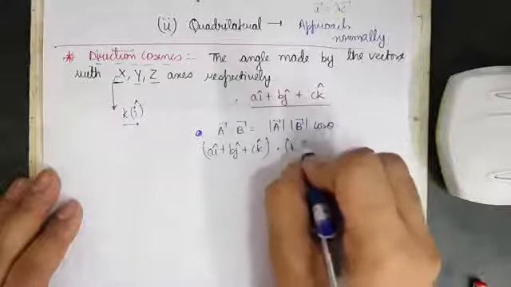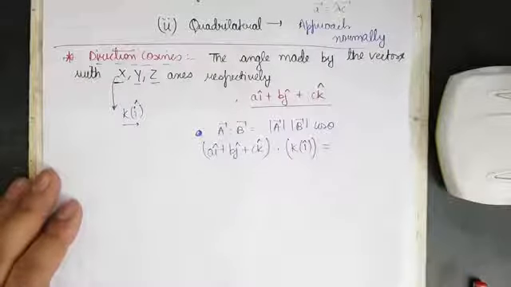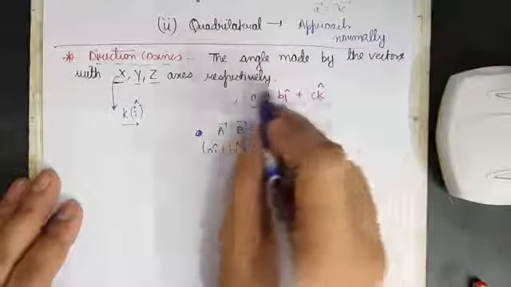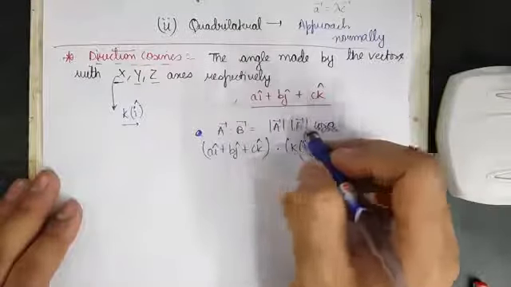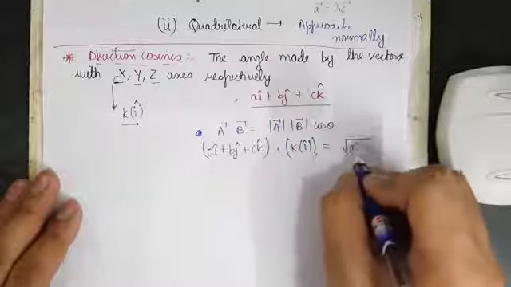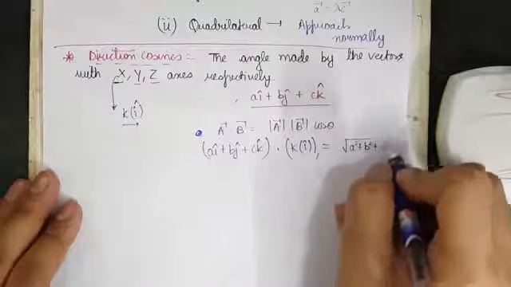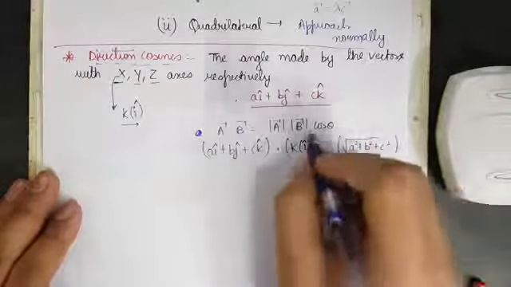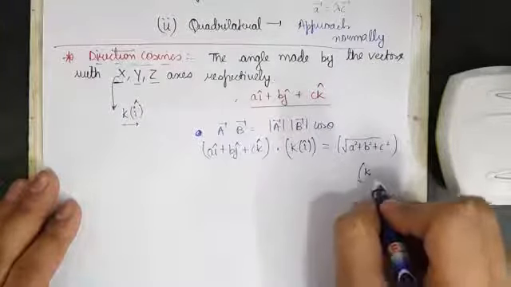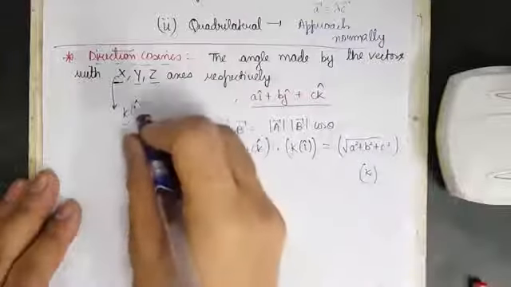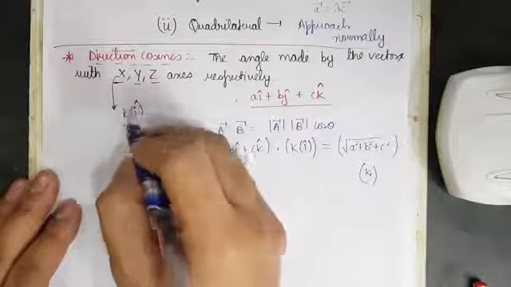So k i bar is equal to mod a. Now what is the modulus of this vector? See, a was this vector, so the modulus is equal to under root a square plus b square plus c square. Now what is the modulus of the b vector? The modulus of the b vector will be only k into 1, because the modulus of i is 1.